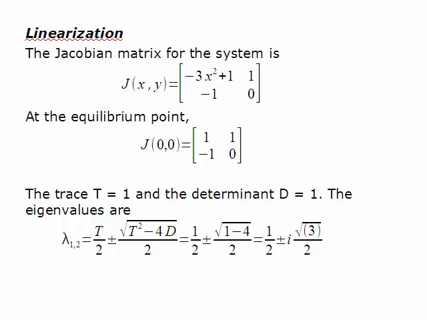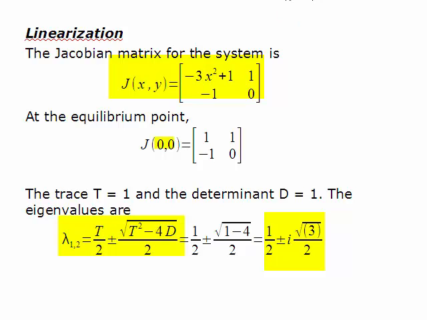So to find out how the system behaves at its sole equilibrium point at the origin, we construct the Jacobian, and then we evaluate the Jacobian at (0, 0) and try to find the eigenvalues. So we have to work the eigenvalues through the equation. The trace of this matrix is 1 and the determinant is 1, and when we solve this system, we end up with complex eigenvalues with positive real part.